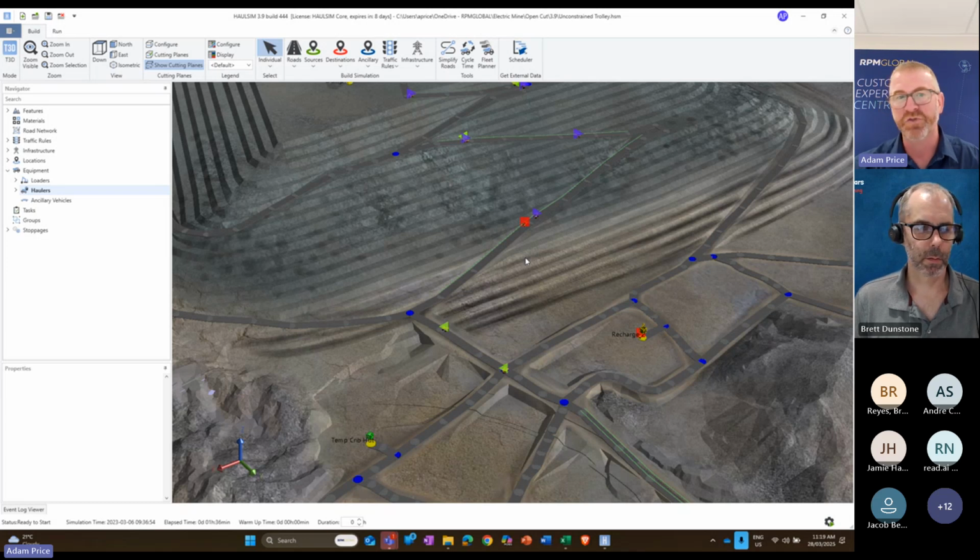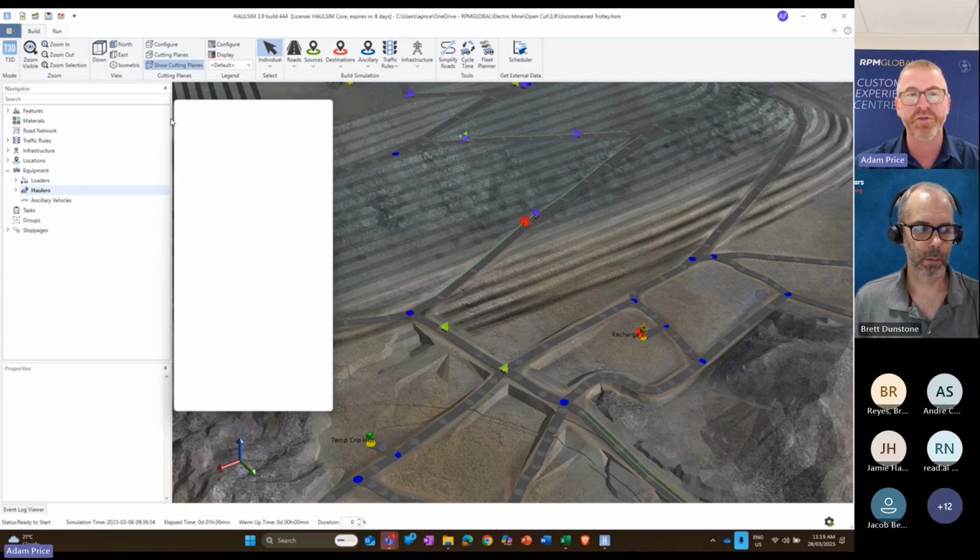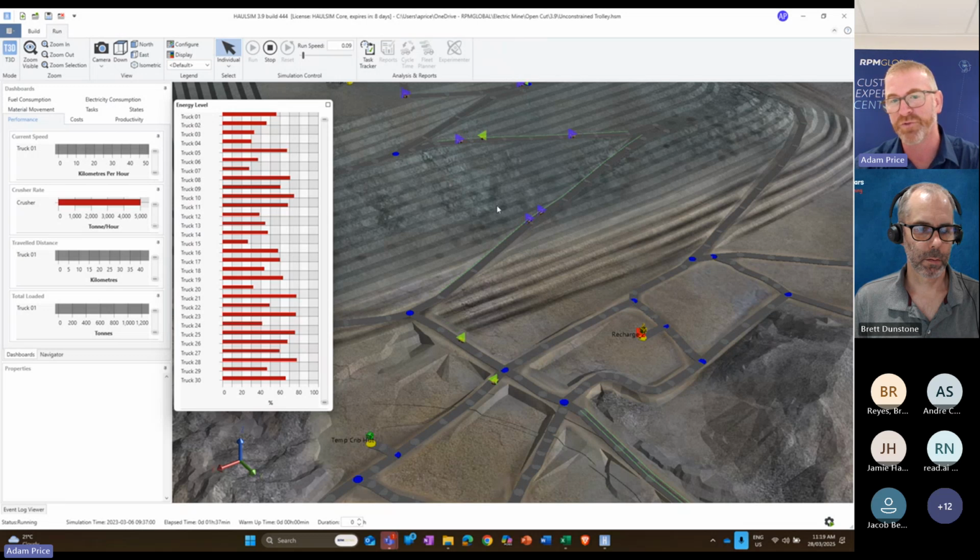And as you can see, when we run the simulation, there's a change happening all the time. So there are trucks joining trolley systems and getting off trolley systems and charging and not charging. That hasn't been normal at most mine sites previously. It's been a lot more steady state, the demand on power.